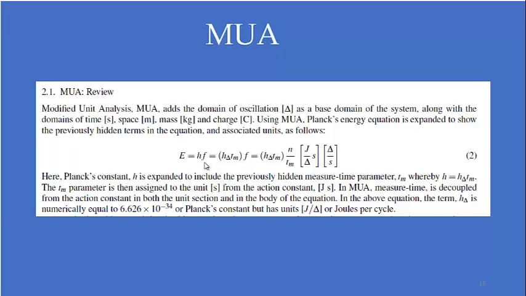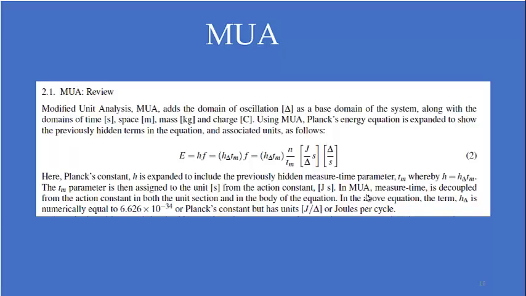Okay, equations can hide things, but unit analysis can't hide things. You can't run from unit analysis. So I know that this s from the action constant belongs to some time variable, and so I make h equal to quantum of energy, or one cycle of energy, times some measure time.